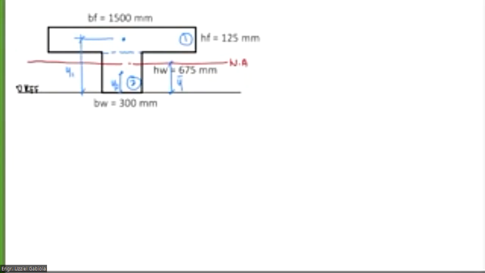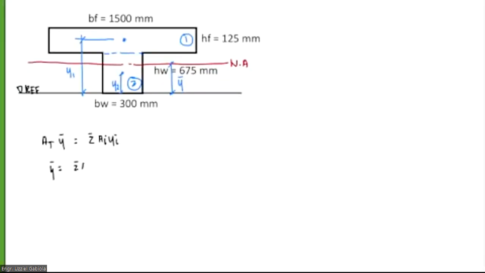What it says is that the total area times y bar is equal to the summation of the area of each divided component, or composite part, multiplied by the centroid of that component. So to get y bar, we just need to calculate this value.